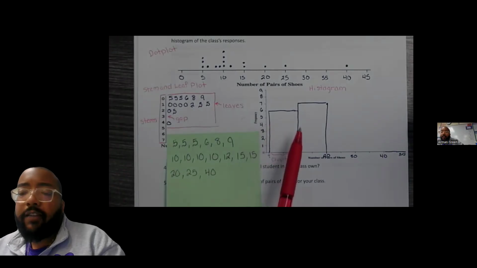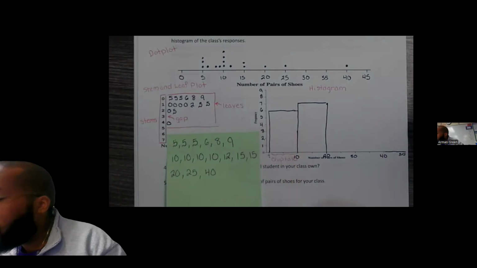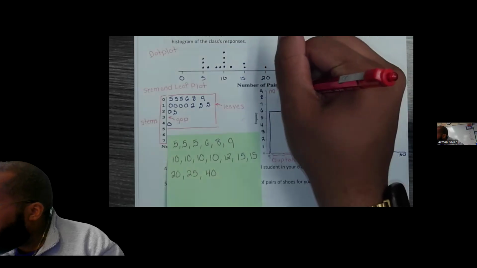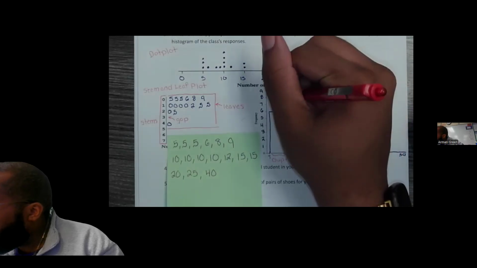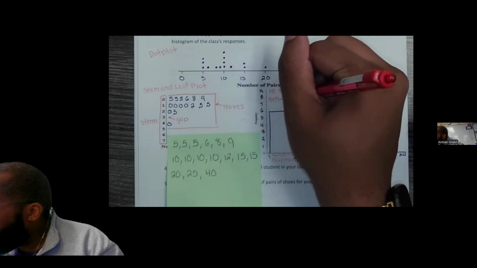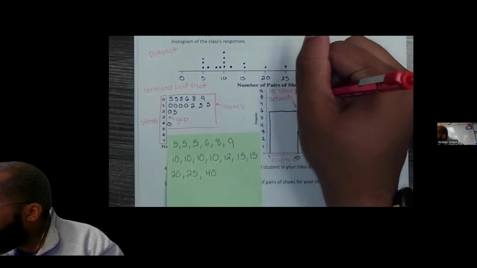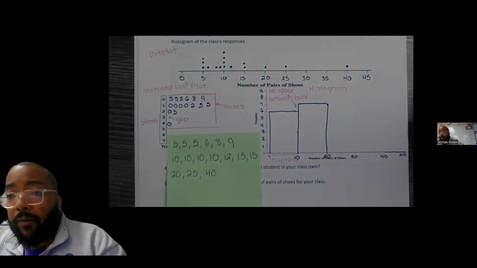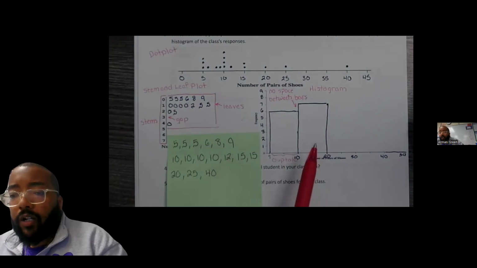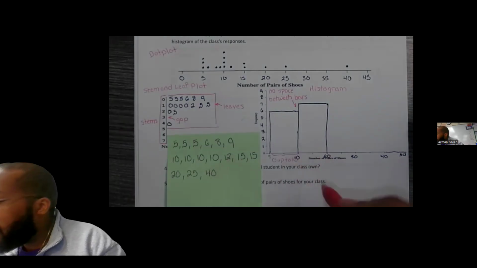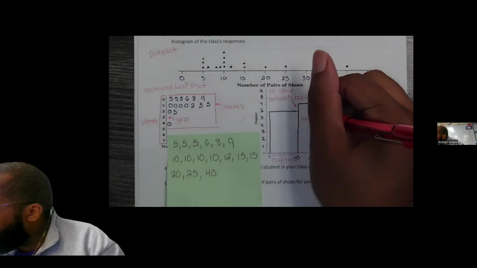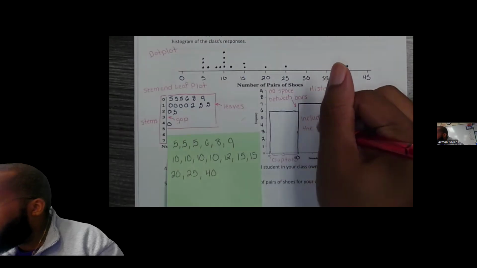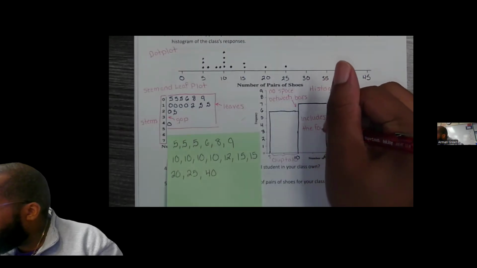Note here that when I've created my 2 bars for a histogram, there are no spaces between them. Not only that, with us creating this bar from 10 to 20, we included the 4 tens from our data.